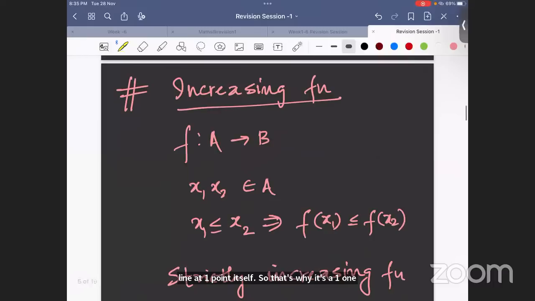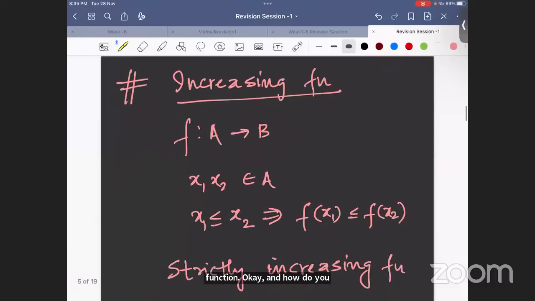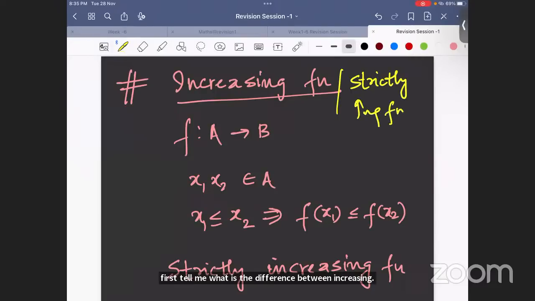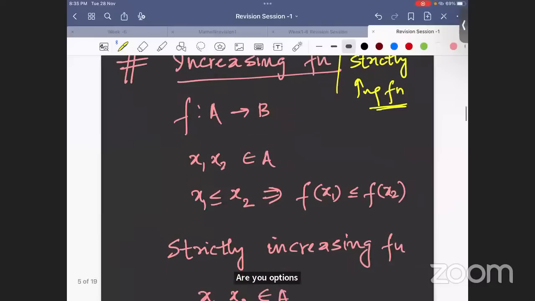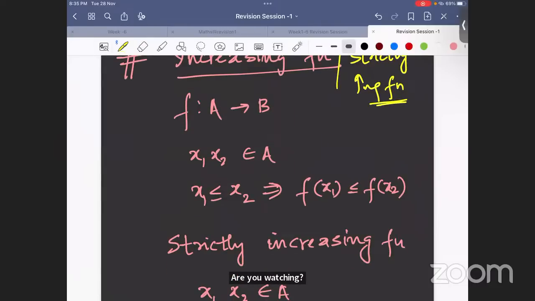Okay, and how do you check whether the function is increasing or decreasing? First tell me, what is the difference between an increasing function and a strictly increasing function? What is the sufficient condition for one-one? It should be strictly increasing. For the increasing function, the condition is x1 less than or equal to x2, so here the equality is holding.